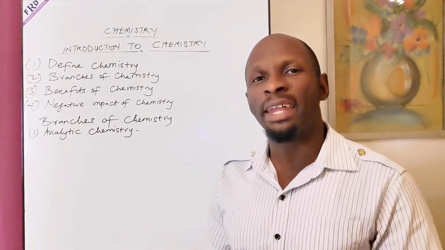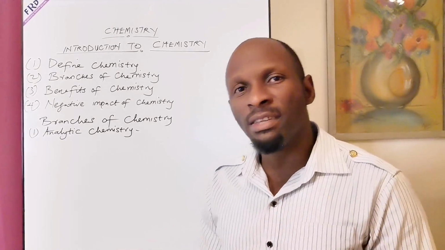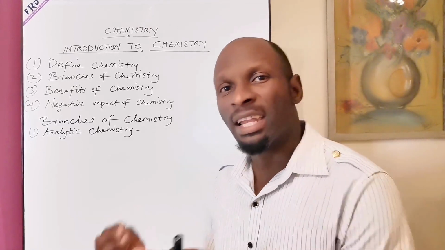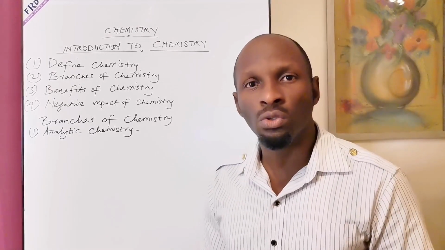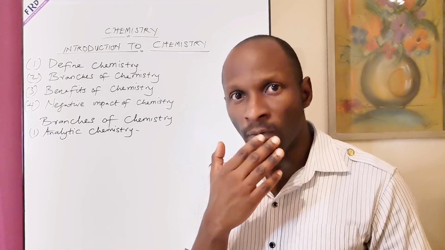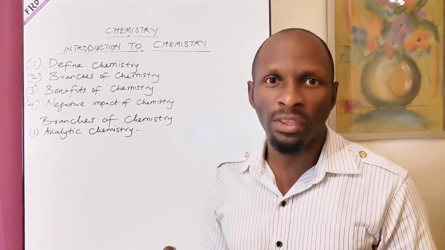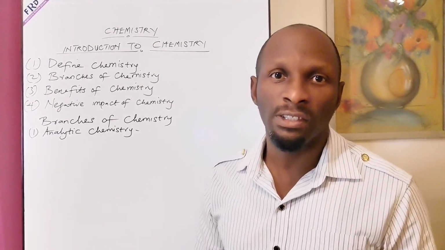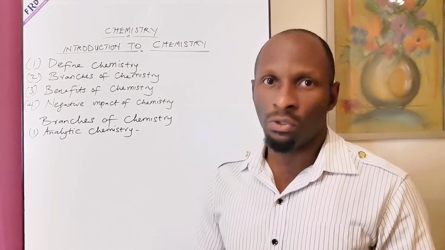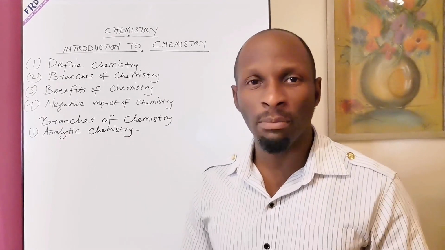There is always an accompanying pop sound. Other qualitative attributes that are observed when analyzing a substance include the smell, which you observe using what? The sense of smelling or the nose. And then what you see with the eyes, the color changes. There are so many qualitative features that one can observe through analytical chemistry.